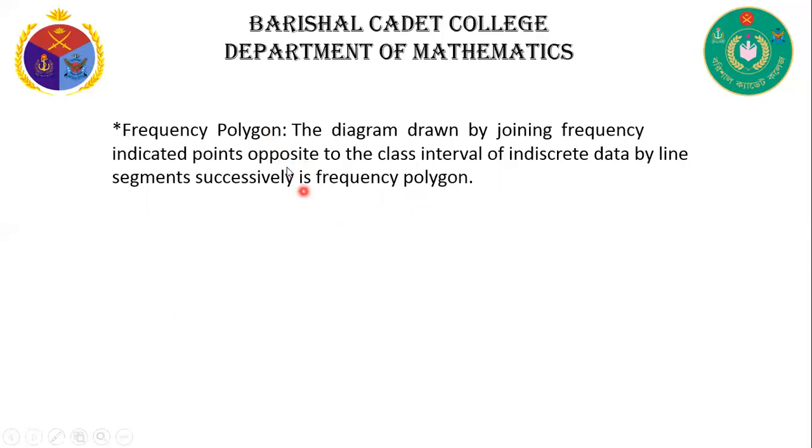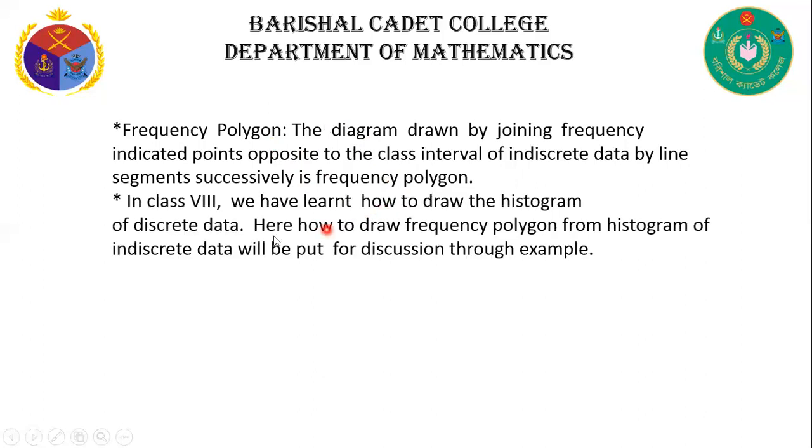When we solve some questions, it will be clearer to you. In class 8, we learned how to draw the histogram of continuous data. Here, how to draw a frequency polygon from the histogram of continuous data, we will discuss through an example.